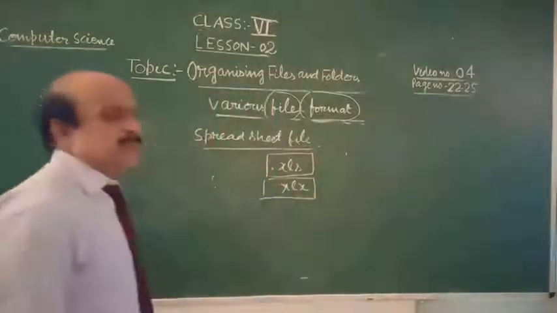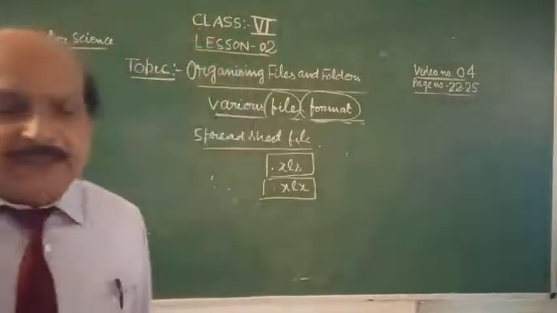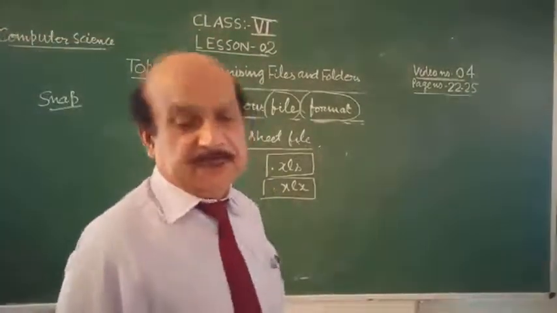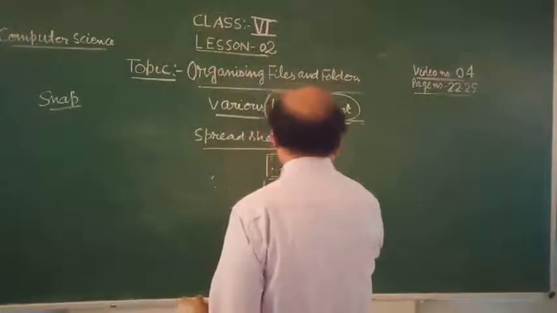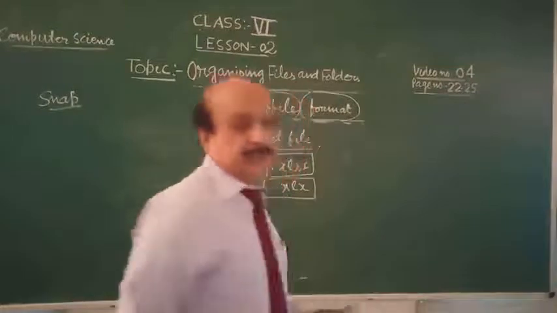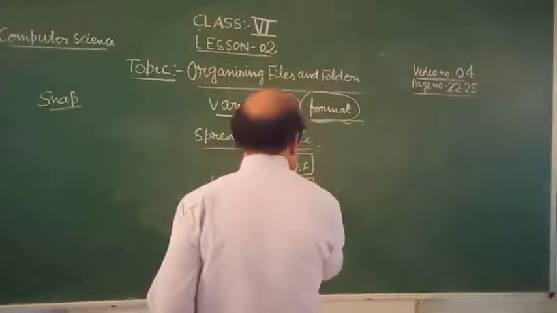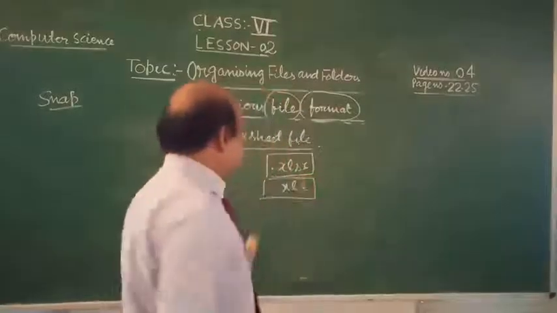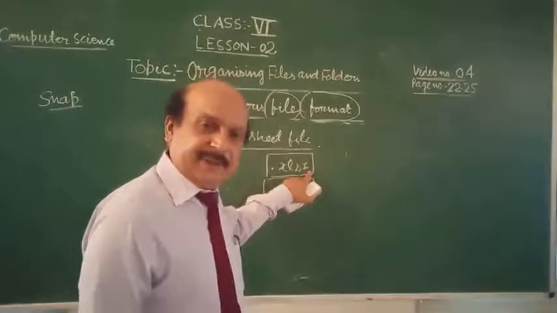So this type of file, whenever you have stored, these are the files which use XLS and XLSX. Here you will write the S, so that will be clear. First, see here, XLSX, complete.